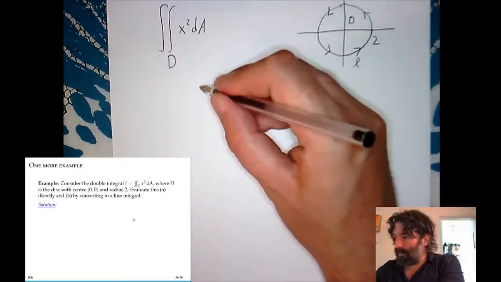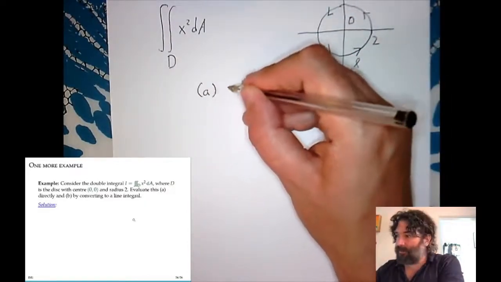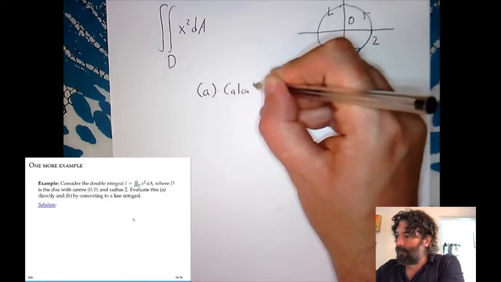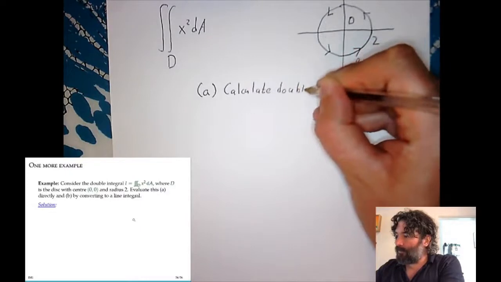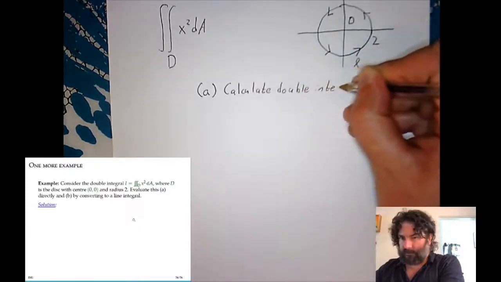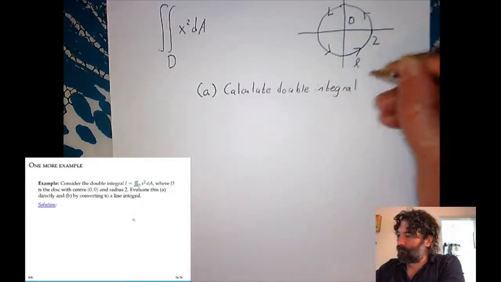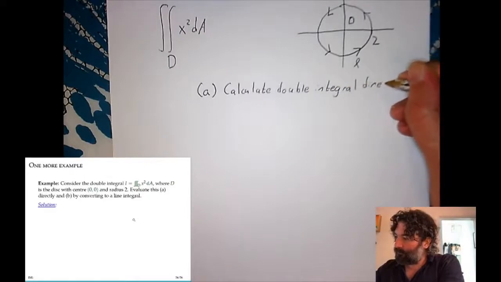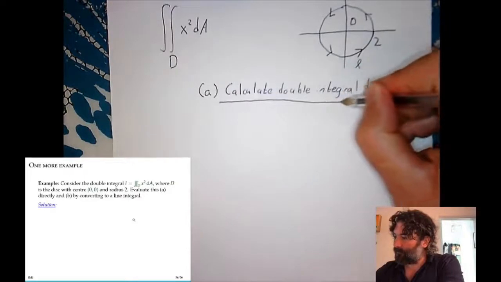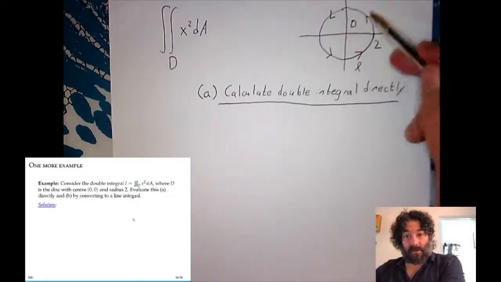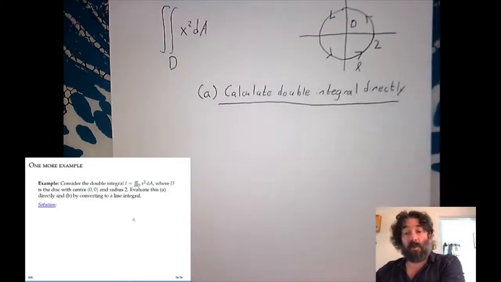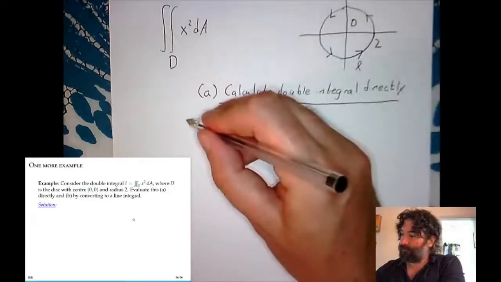And this is labeled as A in the question. A, calculate the double integral directly. And here we're integrating over a disk, and so we'll use polar coordinates.